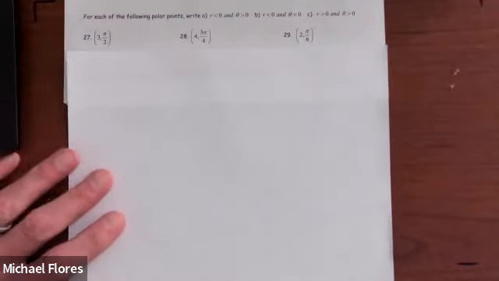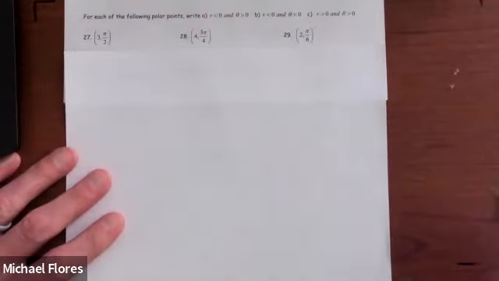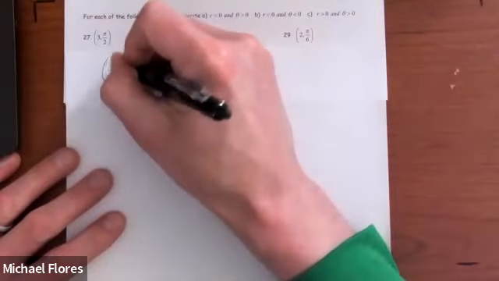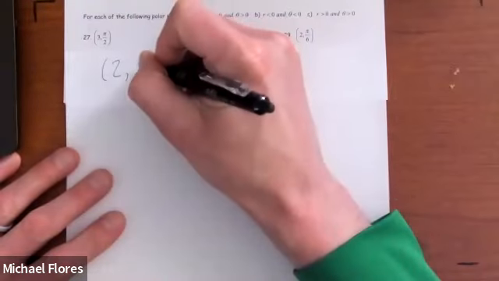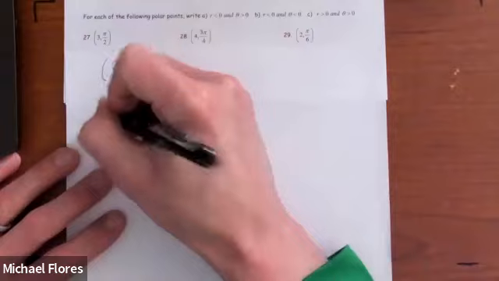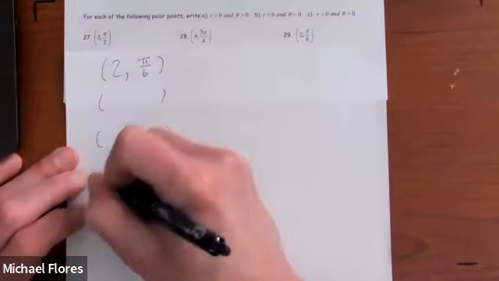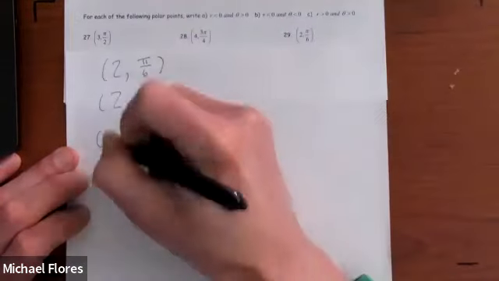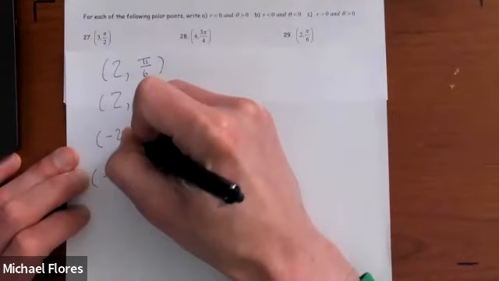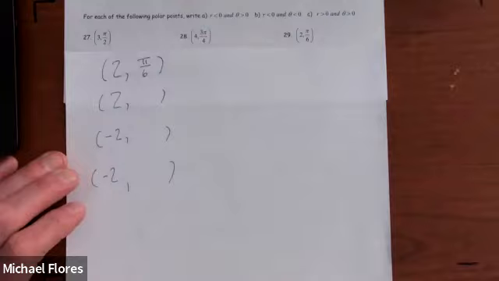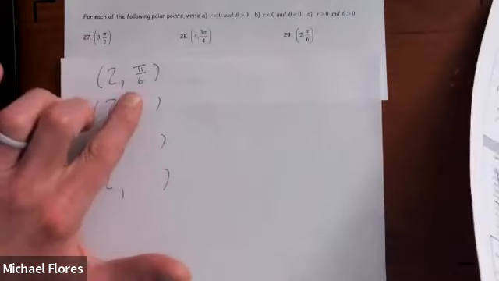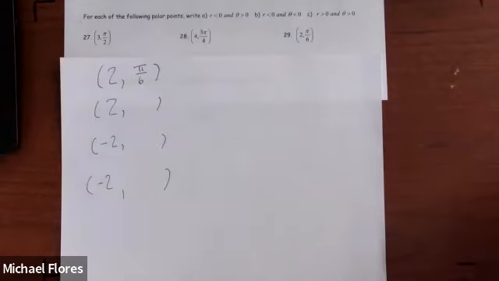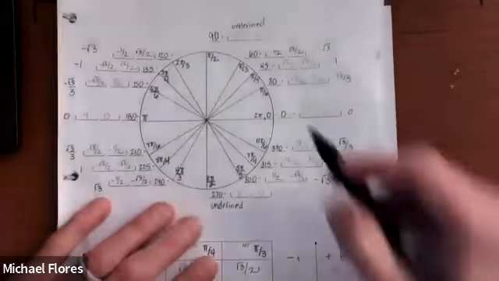Okay, let's try, how about 2 comma pi over 6? So copy that down, 2 comma pi over 6. I'm going to need 3 more sets of parentheses. We want 2 of them to be positive, the others to be negative. So pi over 6 is here.